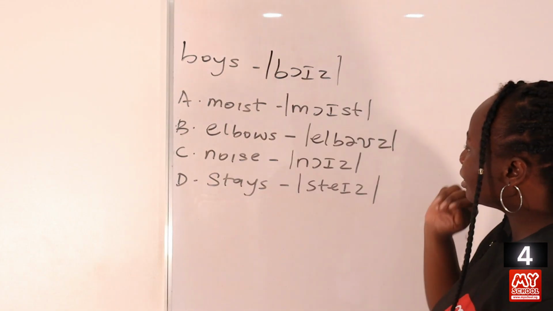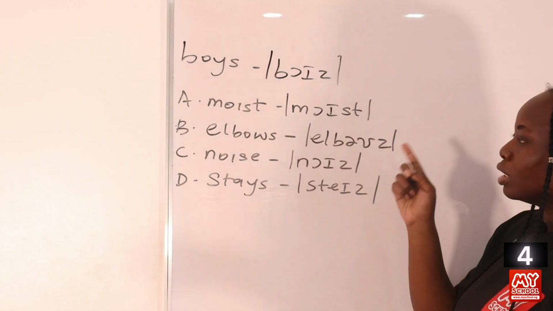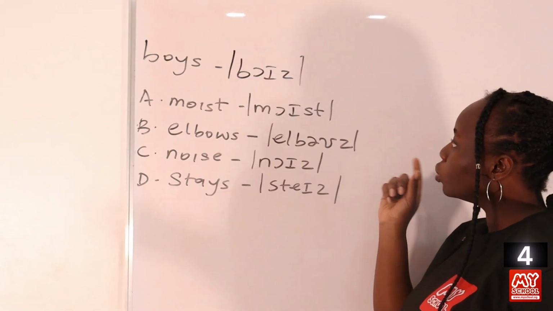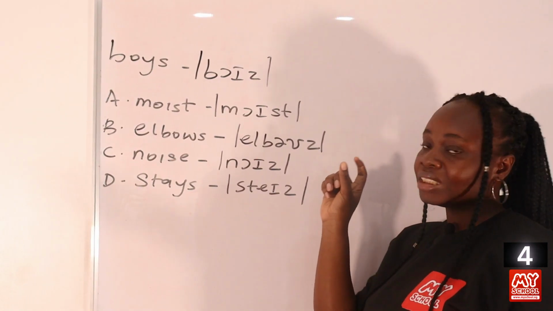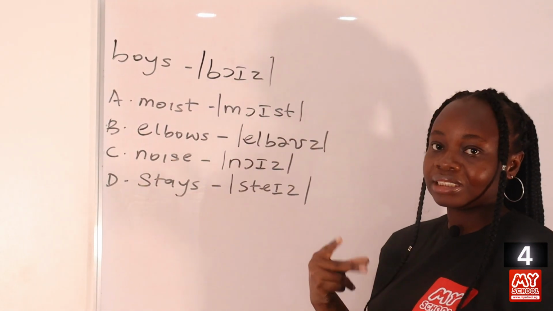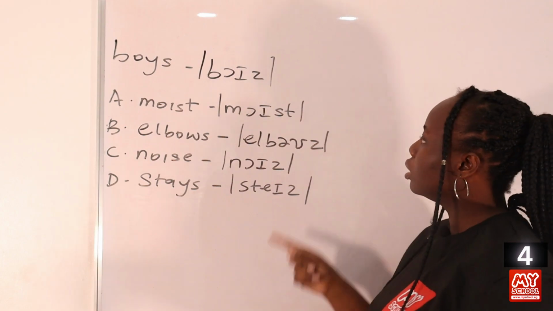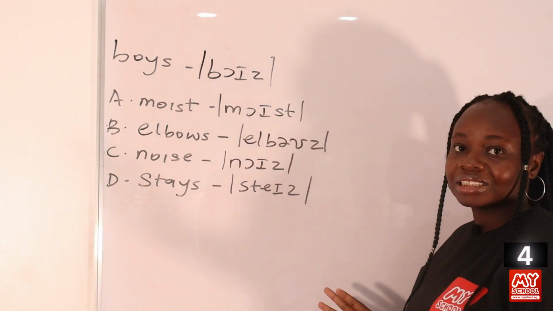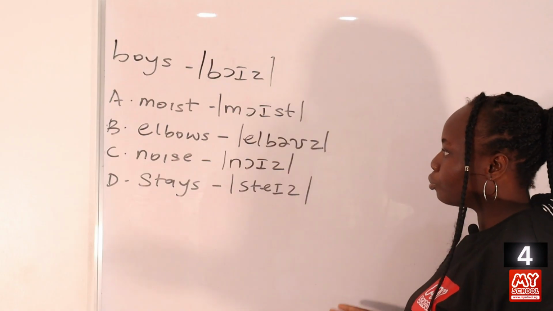So now looking at what rhymes with boys, again we have to look at each of the letters at the end of the word. So the one with the most sounds similar to boys is going to be the one that rhymes with boys. So from this we can see that moist doesn't have anything similar to boys. They do not rhyme.